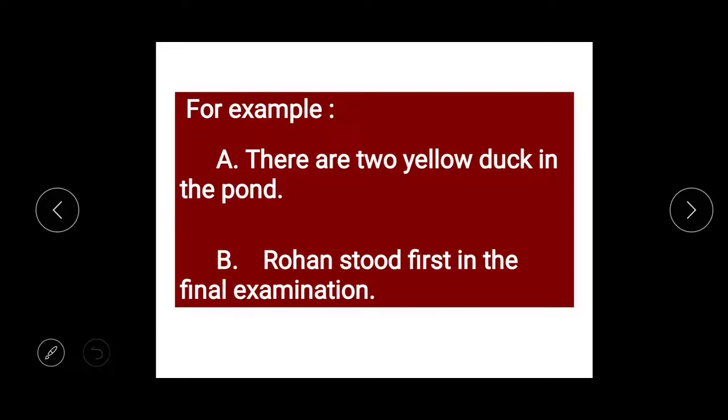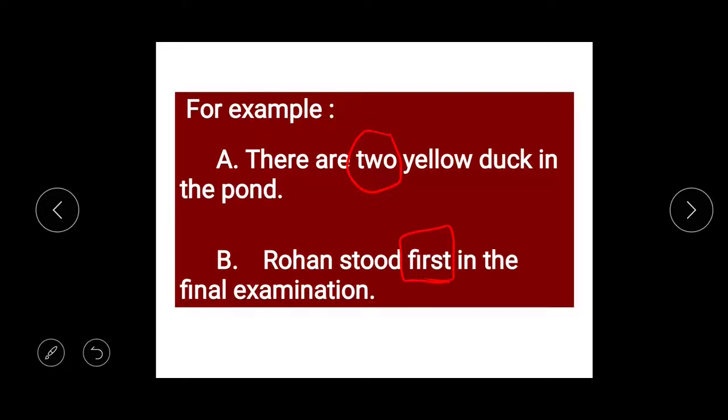Students, here in the first example the word two, and in the second example the word first, are showing the exact number or the order of the nouns.